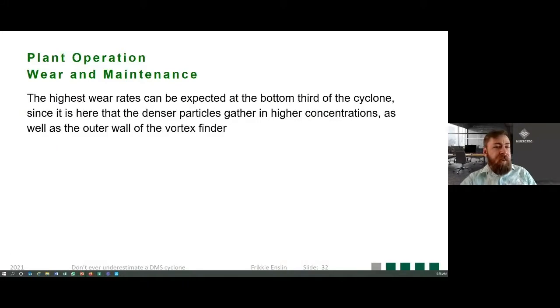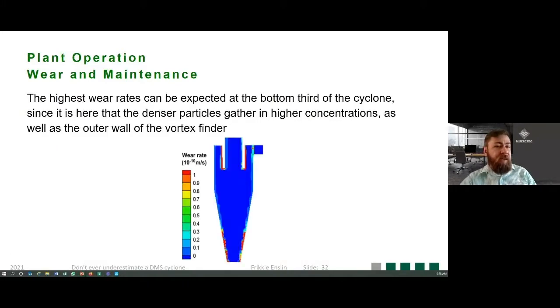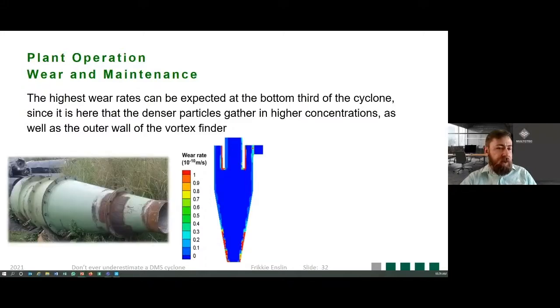So we also know that the higher wear rates can be expected at the bottom third of the cyclone as the heavier or bigger particles get pushed together, condensed in a smaller space, as well as the outer wall of your vortex finder. So it's important to inspect these from time to time.